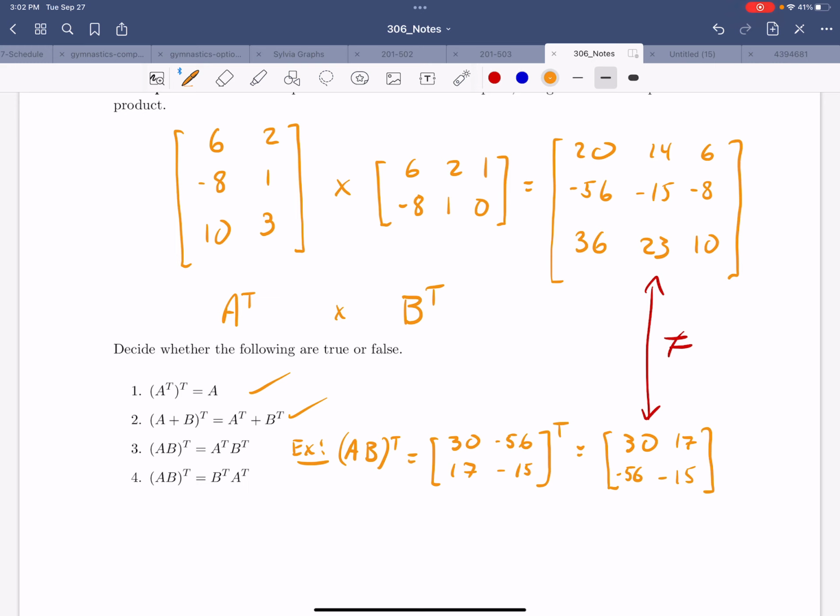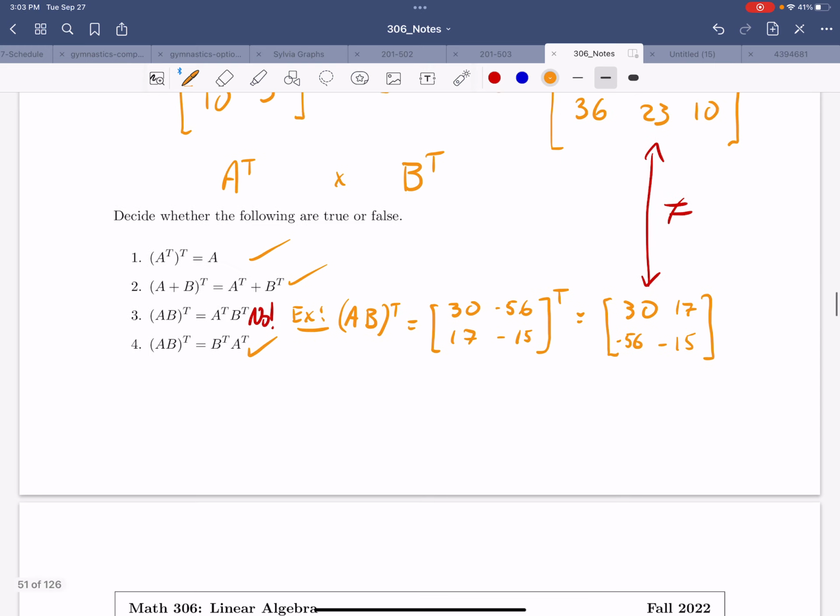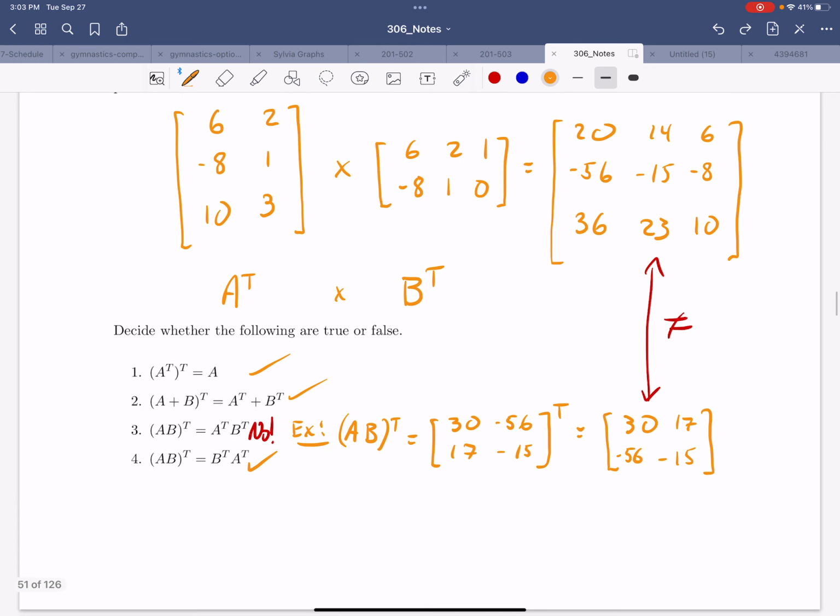So no, that's not true. Now, it turns out what is true is that transposing is, so to speak, anti-commutative. AB transpose equals B transpose A transpose. So if you wanted to get this matrix right here, transpose, do this matrix times this matrix, and we would have gotten it.